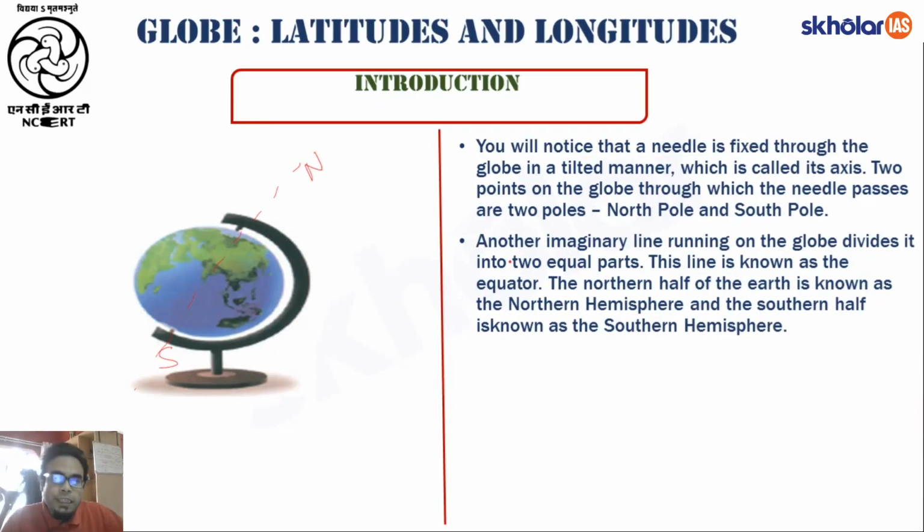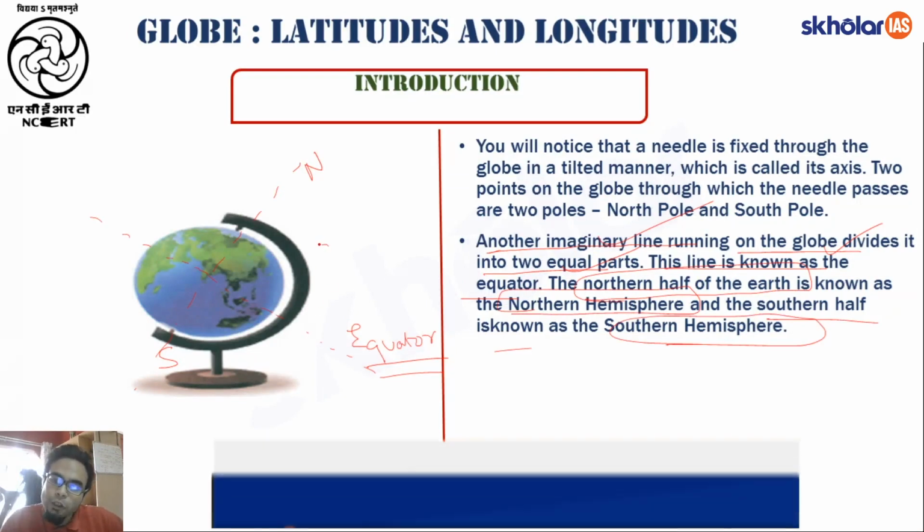There is another imaginary line running on the globe that is dividing it into 2 equal halves in this manner, and this line is called the equator. The northern half of the earth is called the northern hemisphere and the southern half is called the southern hemisphere.